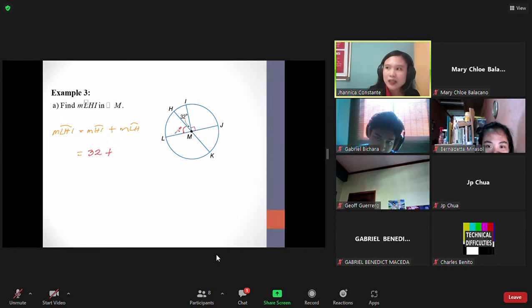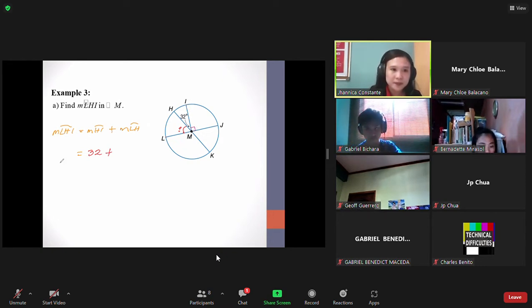So we have this diameter, which is LJ, and a radius MI that produces a 90 degrees angle, so that means the angle is equal to 90 degrees.